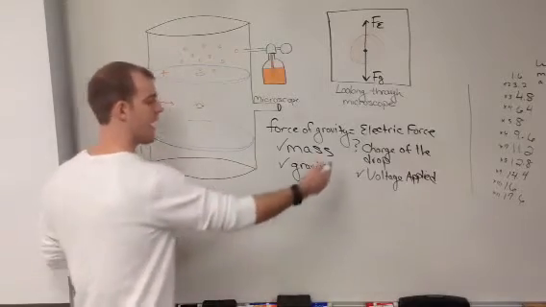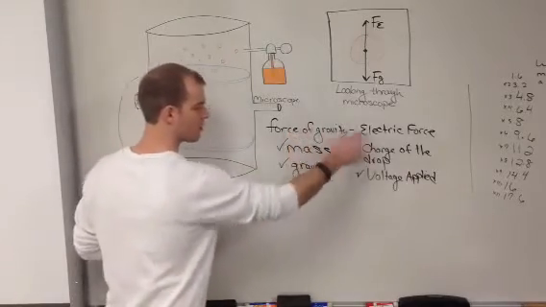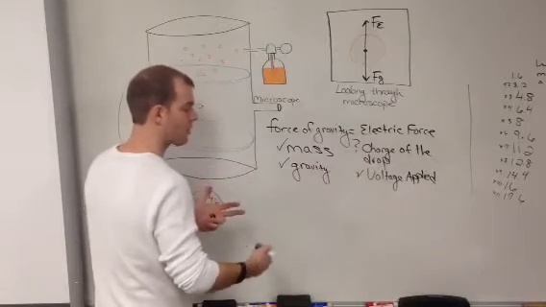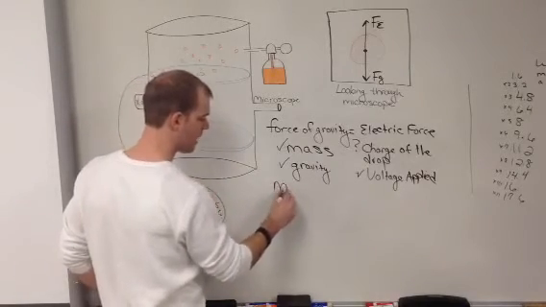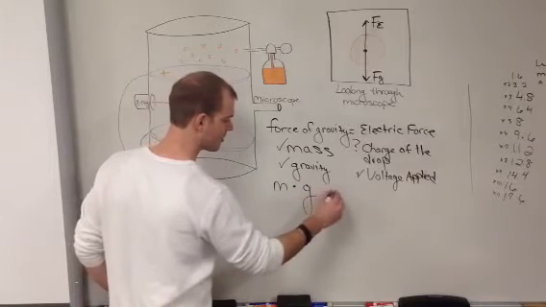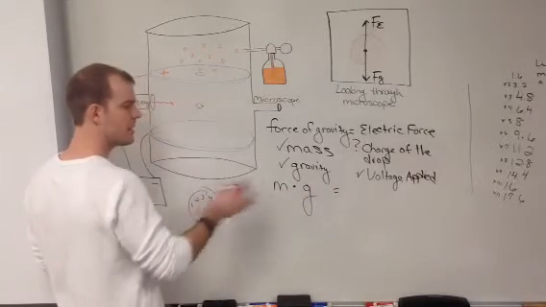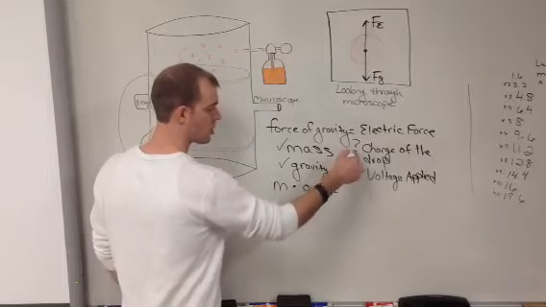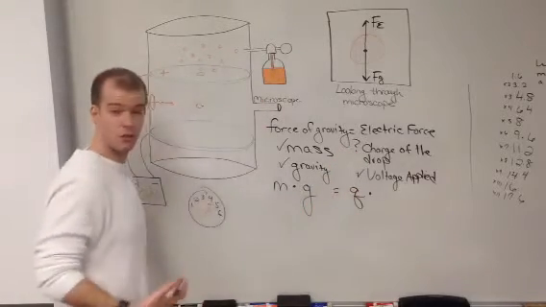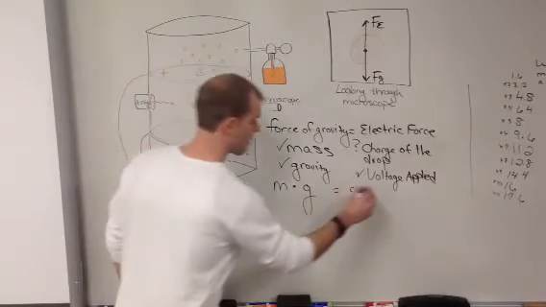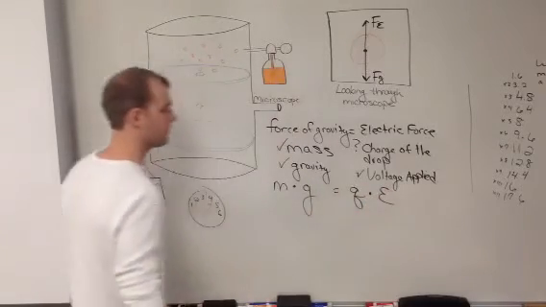However, because I know this entire equation is dependent upon these 4 things, I can set up an algebraic equation. I can say the product of the object's mass times Earth's gravity is equal to the charge of the drop, which I'm going to represent as Q, times the electric field applied, which I'm going to represent as E.